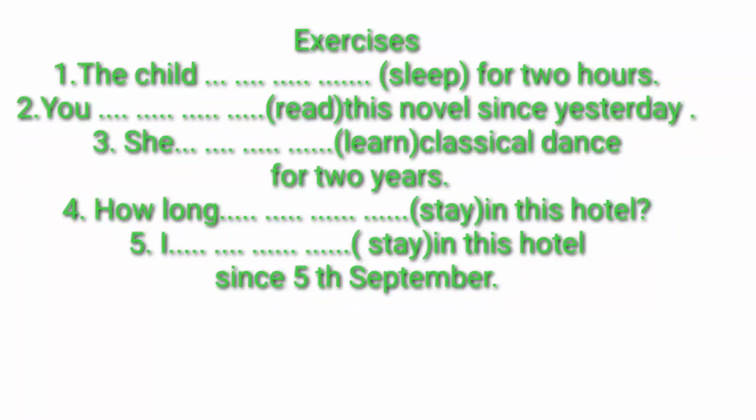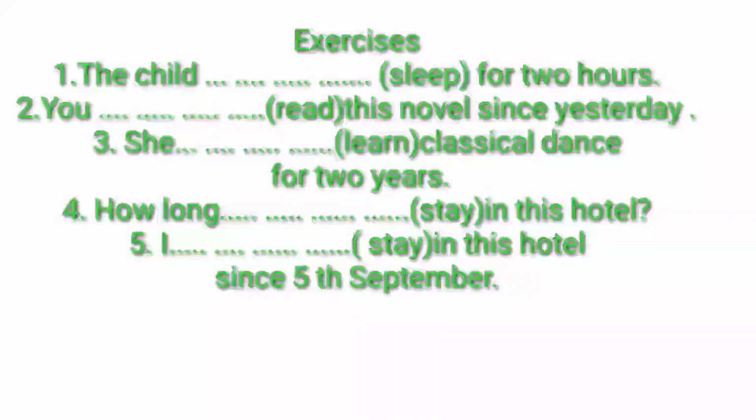When we use present perfect continuous tense, what should be the structure? The child has been sleeping for 2 hours. Here actually 3 blanks are required, not 4. The child has been sleeping for 2 hours.